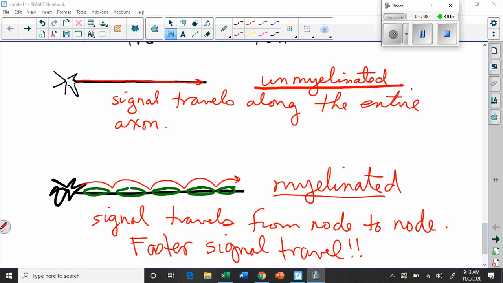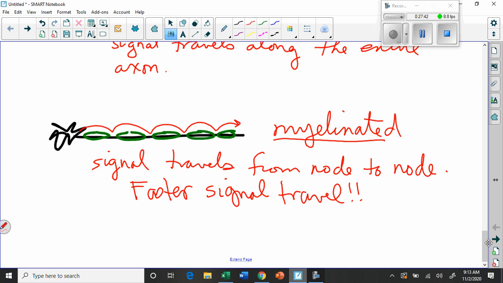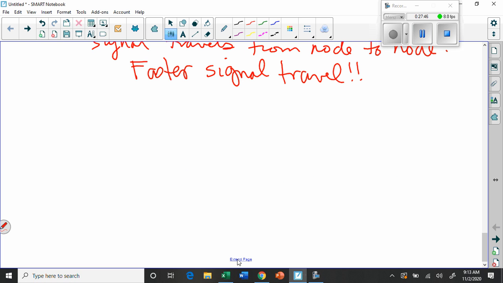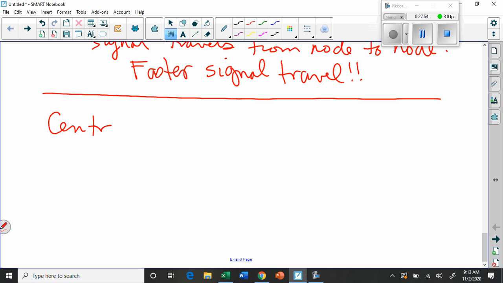Okay. All right, so now that I'm talking about central nervous system and peripheral nervous system and all of that, let's discuss what that's all about. That's kind of enough for the actual neurons and cells themselves. We have what's called the central nervous system, the CNS.